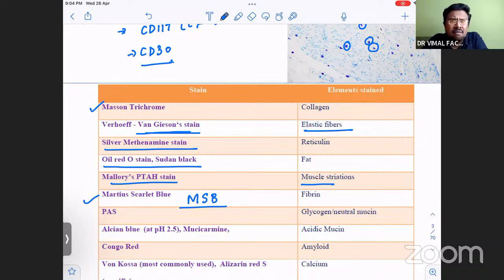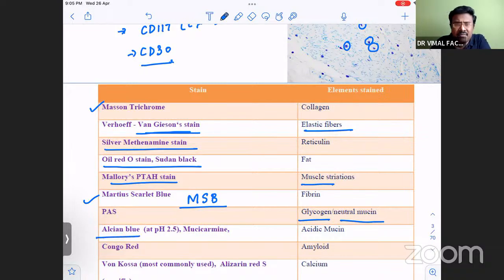And PAS, one of the most commonly used stains in pathology, that is the periodic acid Schiff stain, which usually stains glycogen, neutral mucin, and also the basement membrane, which can be highlighted in kidney biopsies. Fungal elements also can be stained by PAS.